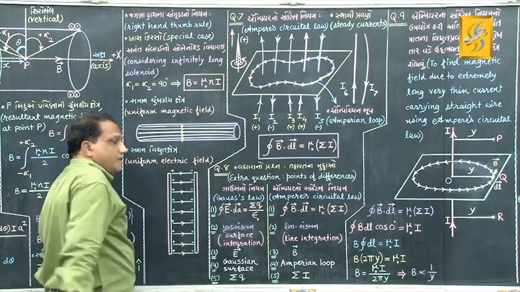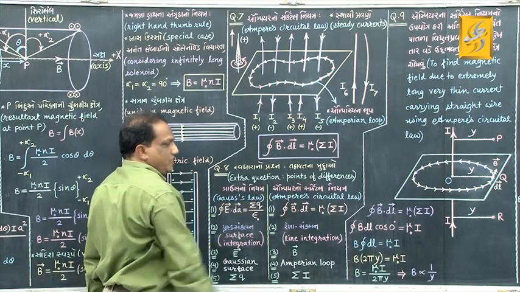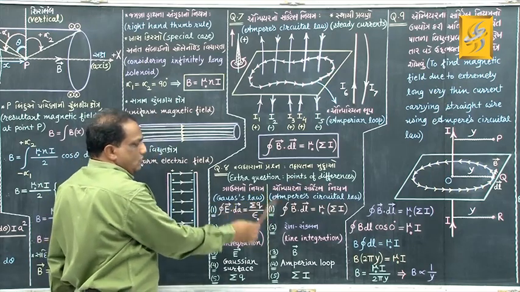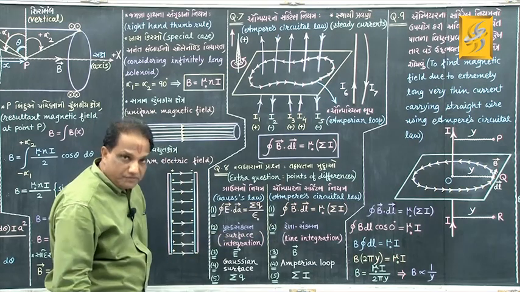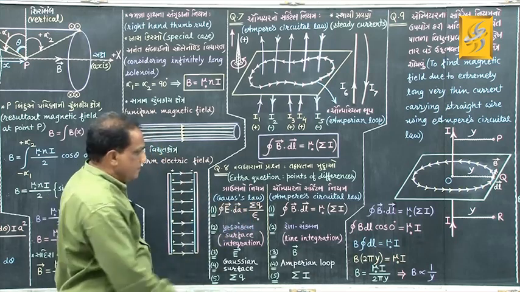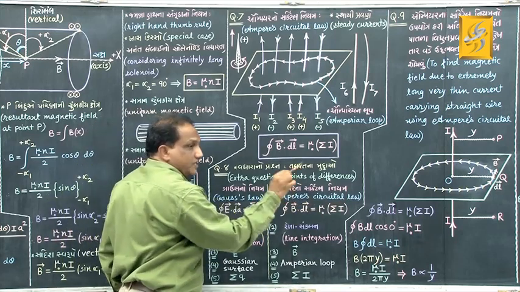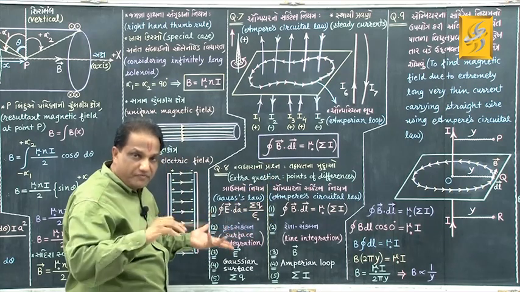Now we go for an extra question regarding points of differences between Gauss law and Ampère circuital law. Very good question. This Gauss law you had studied in chapter number 1, and this Ampère circuital law we are studying right now in this chapter. Which are the points of differences between these two laws?